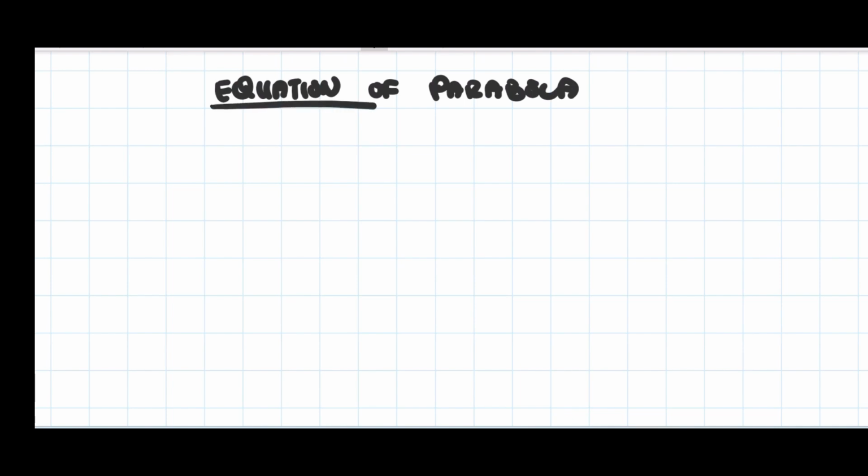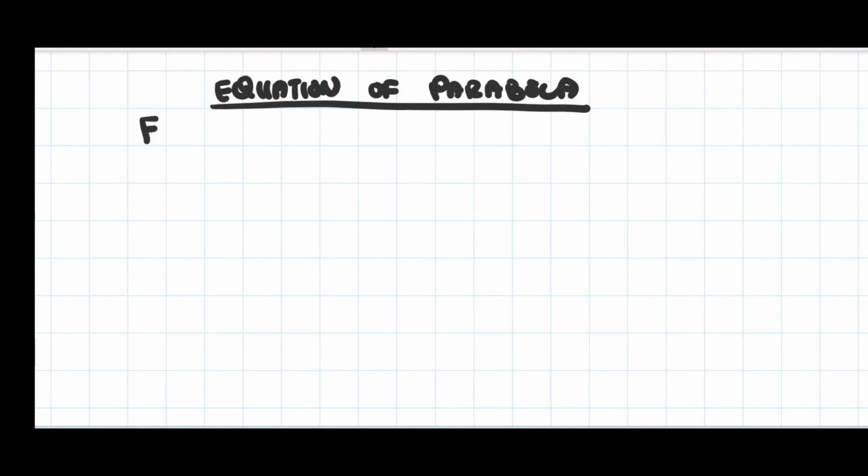In this tutorial, we are going to focus on finding the equation of a parabola. There are two ways in which you can find the equation of a parabola, and this boils down to the points that you are given on the sketch of a parabola.